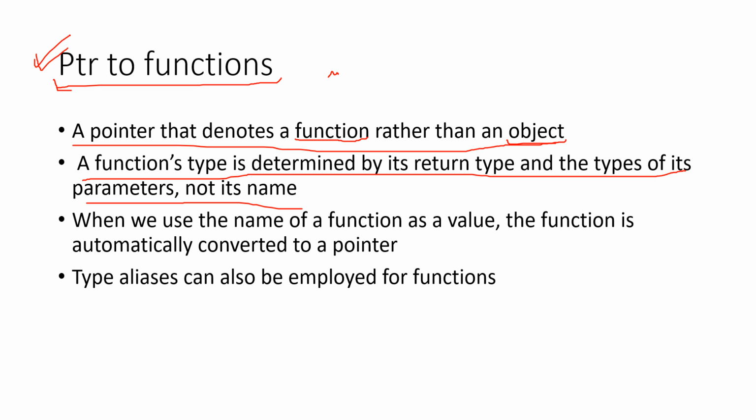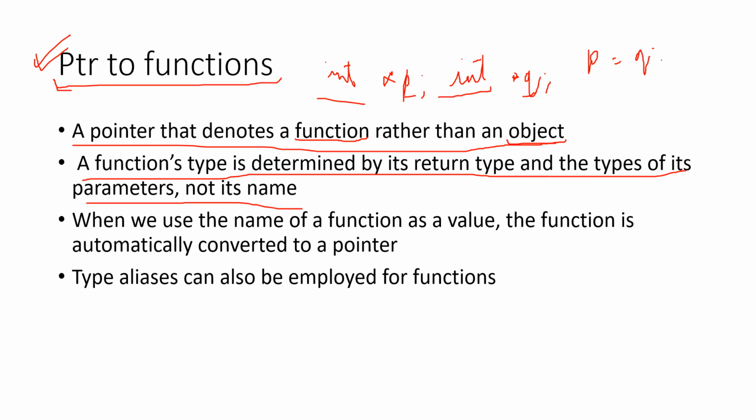So if you write int star p, and if you write int star q, both these pointers p and q share a common data type of type integer. So we can say that these are somewhat equivalent, and thus we can apply equality, p equal to q, and those things.